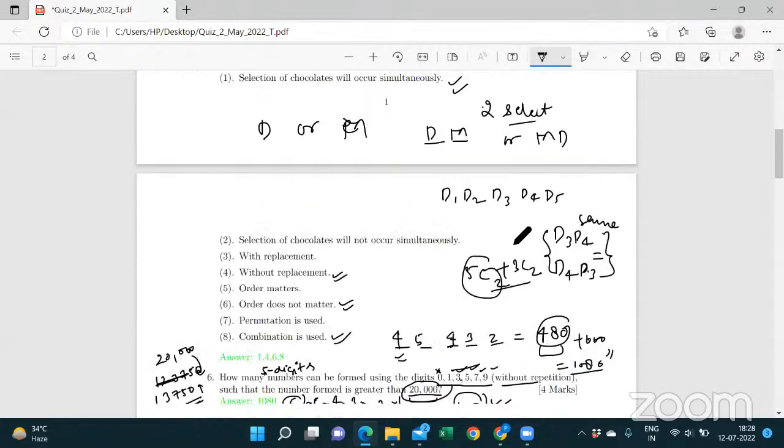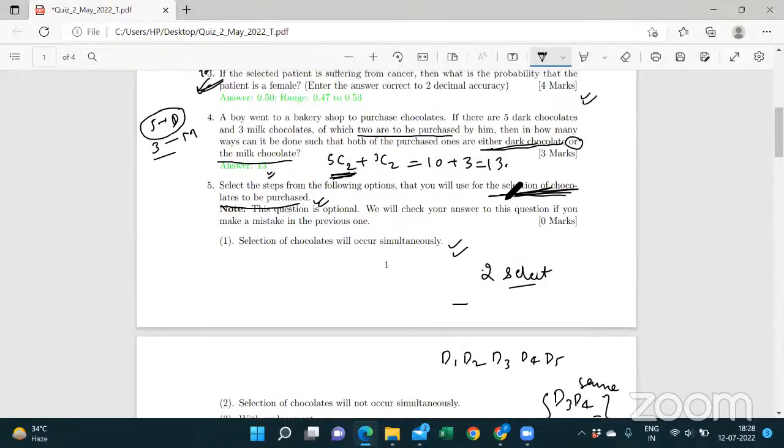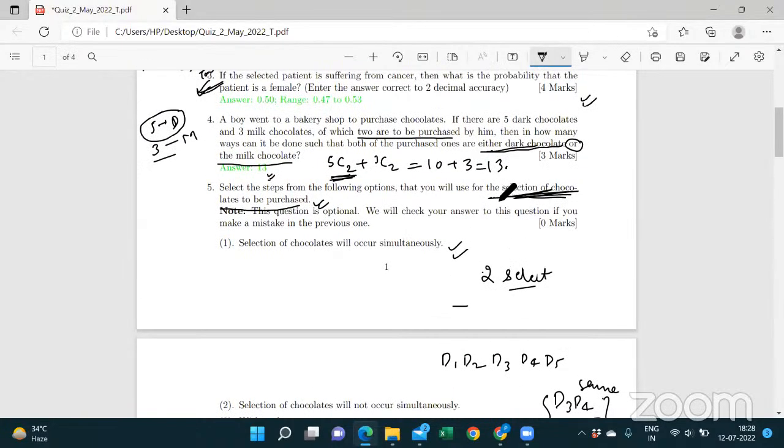I just realized that I calculated the probability for this problem, not the number of ways. I did 13 by 8C2. I calculated the probability of selecting this one. So 13 is this one, right? 13 ways you can choose 2 chocolates, either dark or milk.